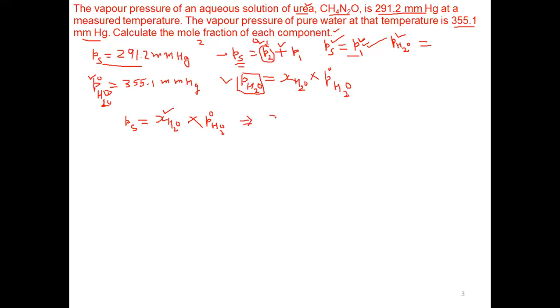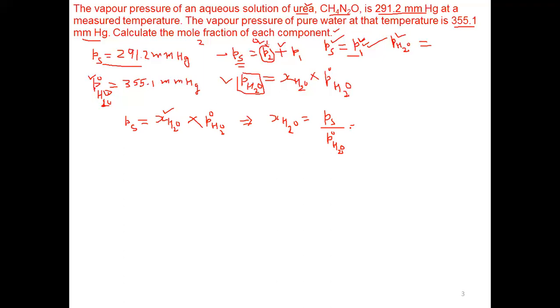So this gives X water is equal to, because we have to calculate the mole fraction of both the components. What are those components? Water and urea. So water we can calculate from PS divided by P water naught.